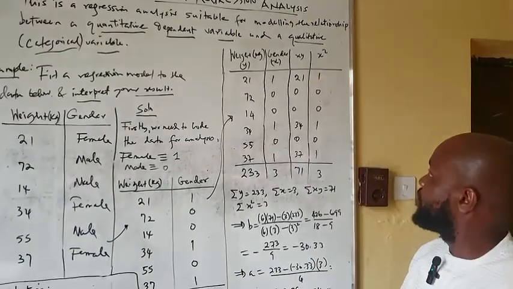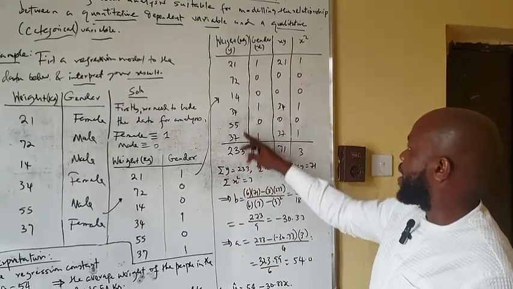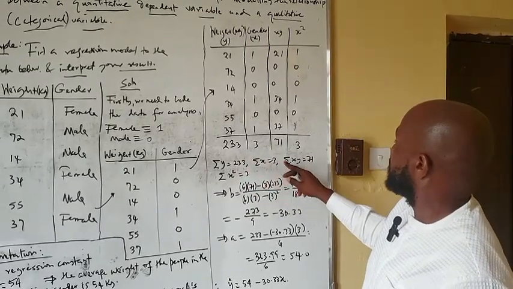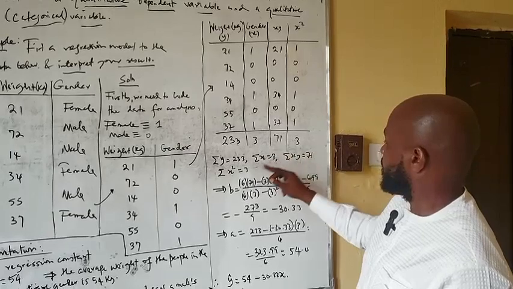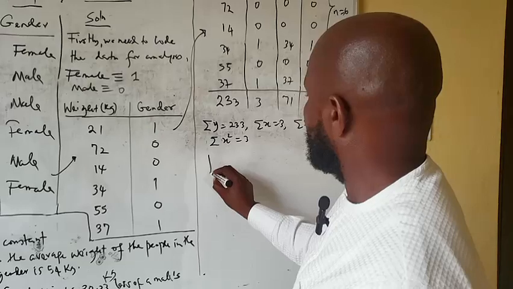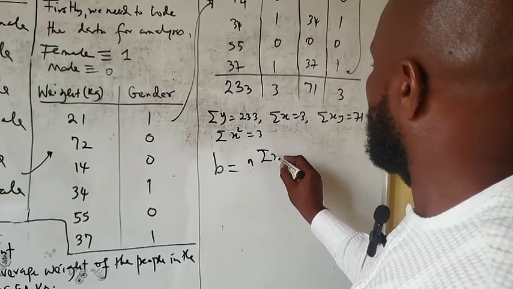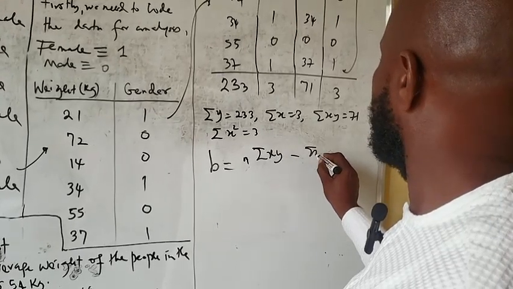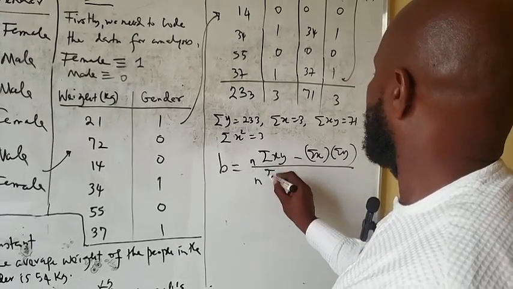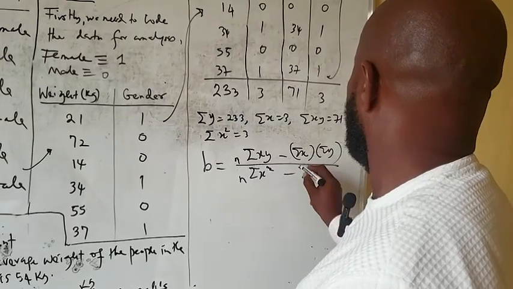The same way we normally fit a simple linear regression model, we take the sum of each column. Sum of the y column, the weight, is 233, sum of x column is 3, sum of xy is 71, and sum of x squared is 3. So we now substitute these values into the formula for b, which is b equals n times sum of xy minus sum of x times sum of y, all over n times sum of x squared minus sum of x all squared.